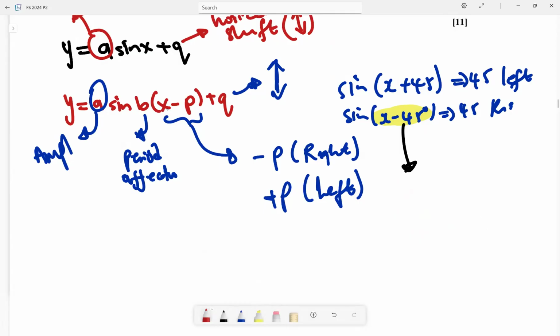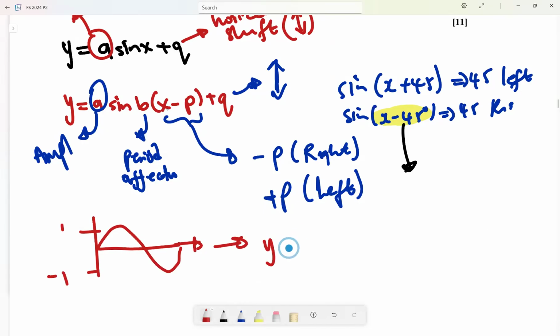Okay. Now, let us try to answer the question. A is your amplitude. The normal sine, y = sin x, has maximum 1 and minimum negative 1. If your graph has changed to y = sin x plus 3, all the points will move. This one is 0, it will move to 3.